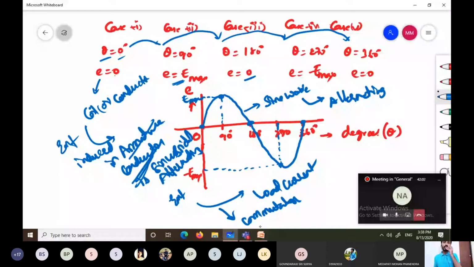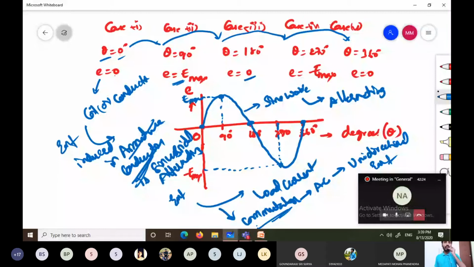With the help of this, we convert this alternating value of EMF into unidirectional EMF. So the EMF induced in an armature is always sinusoidal, which indicates that the EMF is always an alternating quantity.